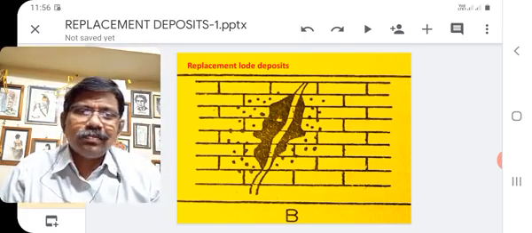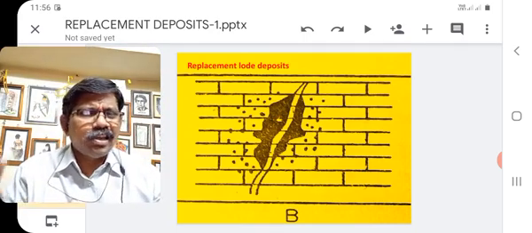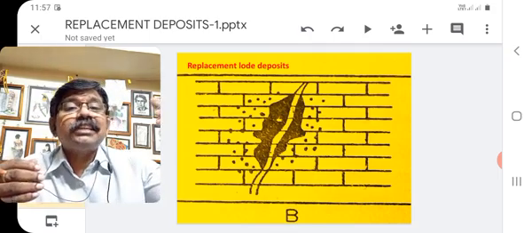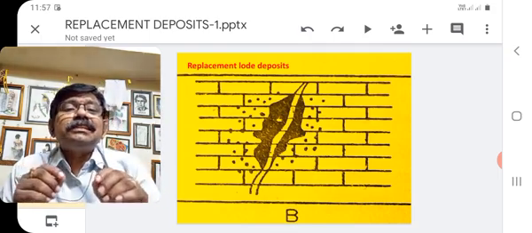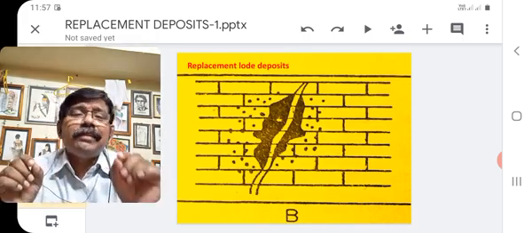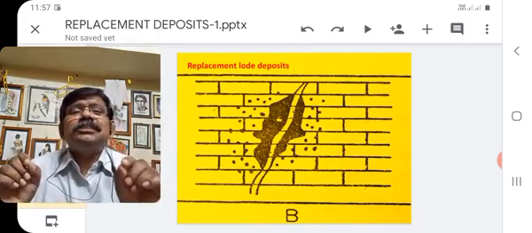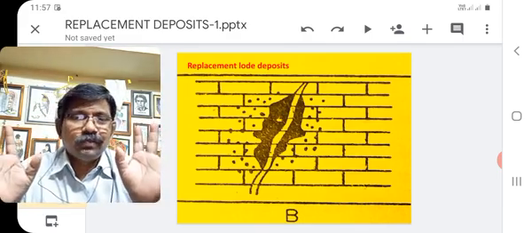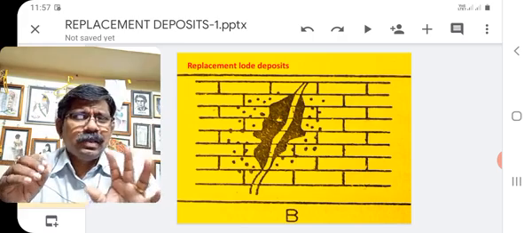It is also high temperature. These three are high temperature hypothermal deposits. First it enters when the rock is a little permeable, not totally permeable.